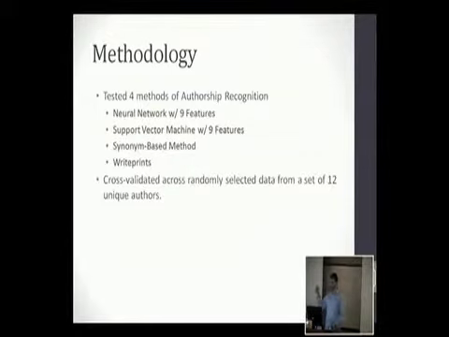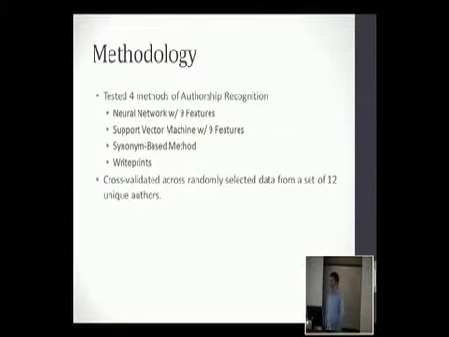And so we took these 12 authors and did tenfold cross-validation off of random sets of these 12 authors. So we took 3 random authors here and 10 random authors and 12 random authors there. It was all regimented. I can go into more details of the experiment if you want, but I don't think that's very interesting. But we had regimented experiments on different numbers of authors and unique sets of authors.